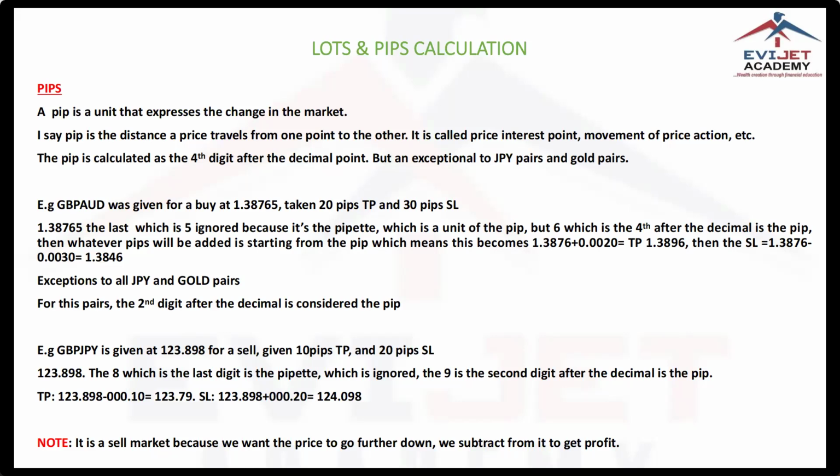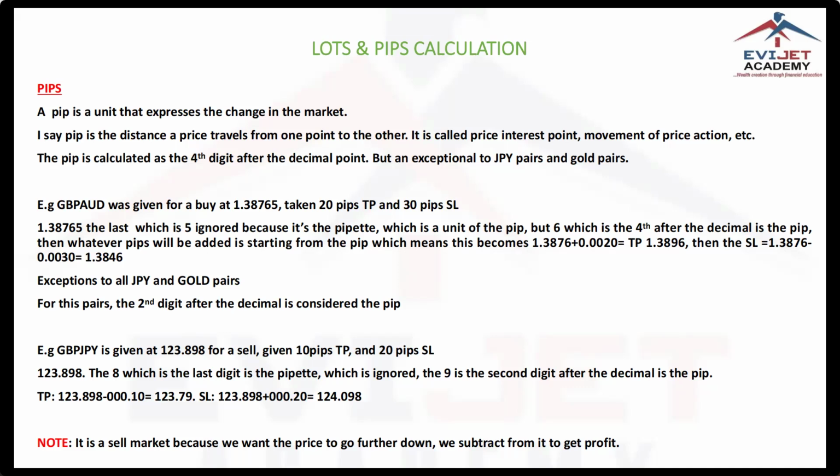So a pip is a unit that expresses the change in the market. When you are buying, the price is going up, and that movement is measured in pips. The movement is measured in pips. It's called price point interest, or points in percentage. So that movement, whether up or down, is called pips.